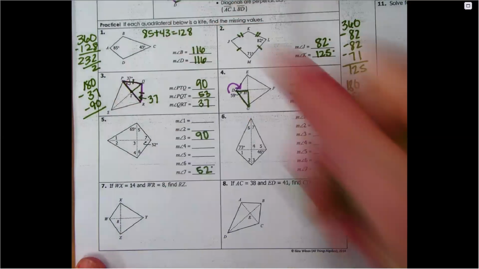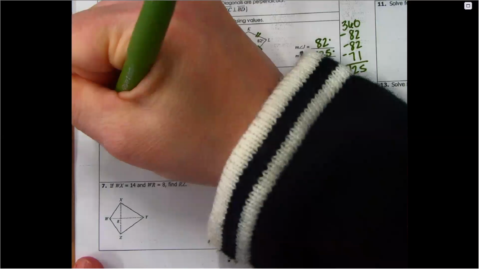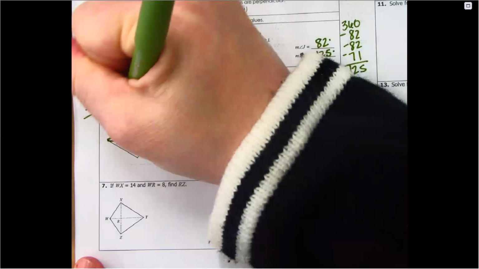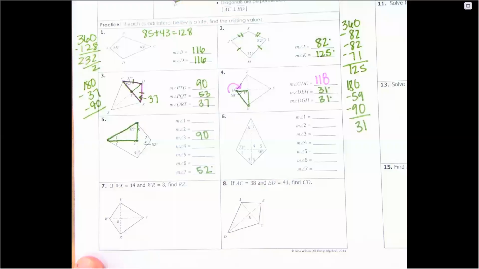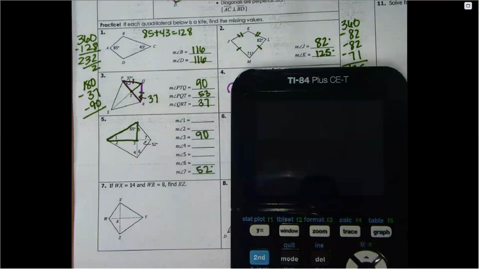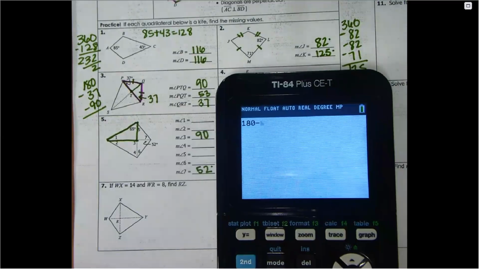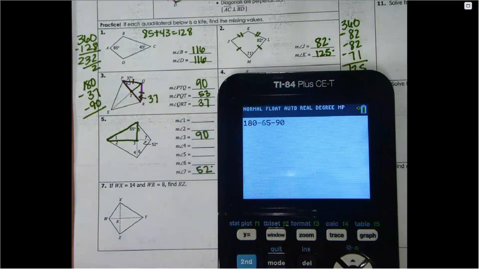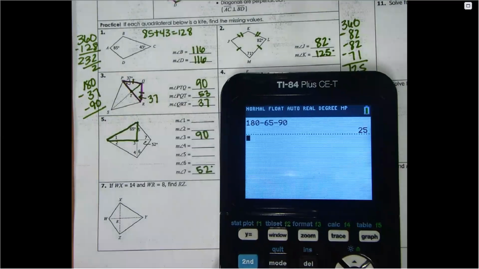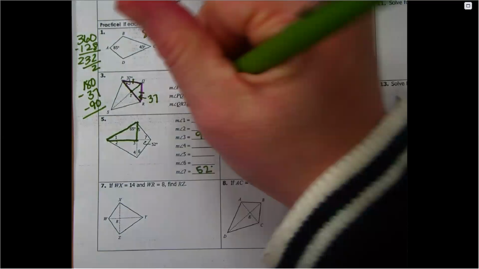Okay, so now let's focus right here and find 1. If we know that that's a 90-degree angle, and we know that we've used 65, how many degrees are in that total triangle? 180 minus 65 minus 90 is going to leave you with 25. So who's going to be 25? 1 and 2. Because remember, we have symmetry.